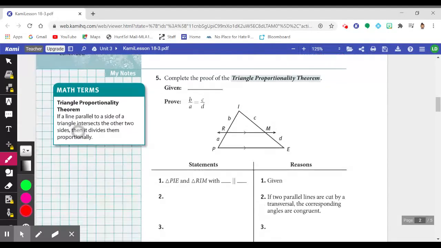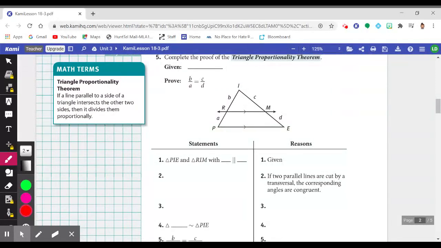So let's look at the definition on the next page of the triangle proportionality theorem. It says if a line parallel, remember we saw that in the initial diagram, if a line parallel to a side of a triangle intersects the other two sides, then it divides them proportionally.